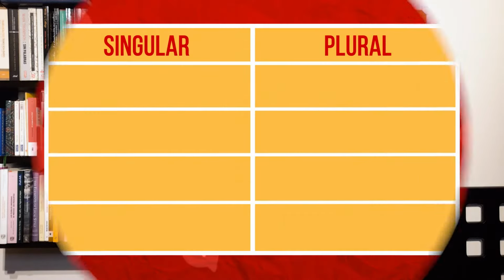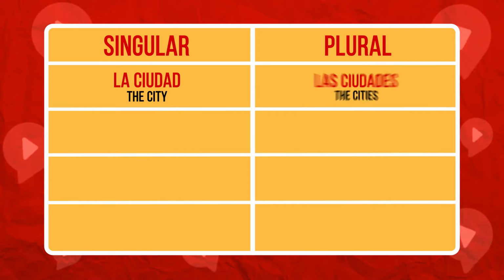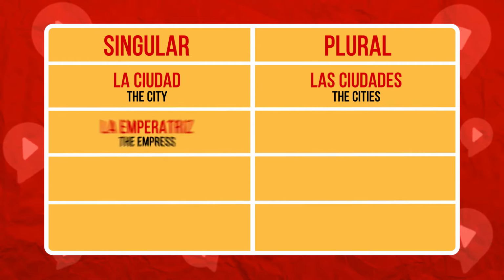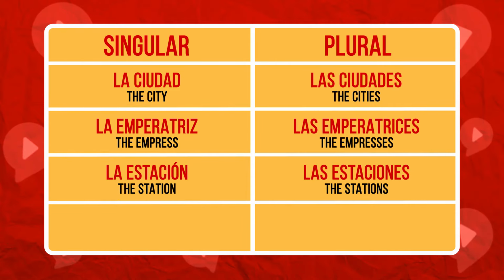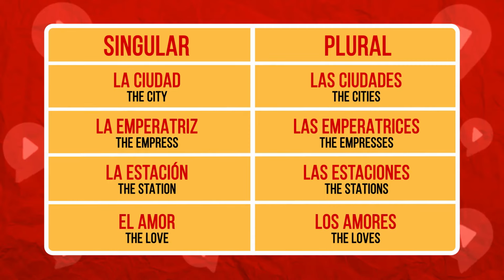If the noun ends with a vowel, all you have to do is add an S at the end. But if the noun ends with a consonant, then you have to add ES. For example, la ciudad, las ciudades. La emperatriz, las emperatrices. Notice how letter Z turned into letter C. La estación, las estaciones. Notice how the accent mark disappeared. El amor, los amores.